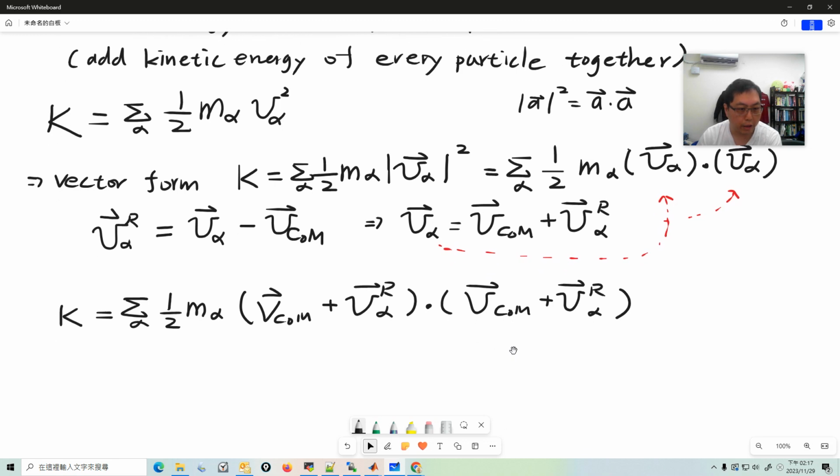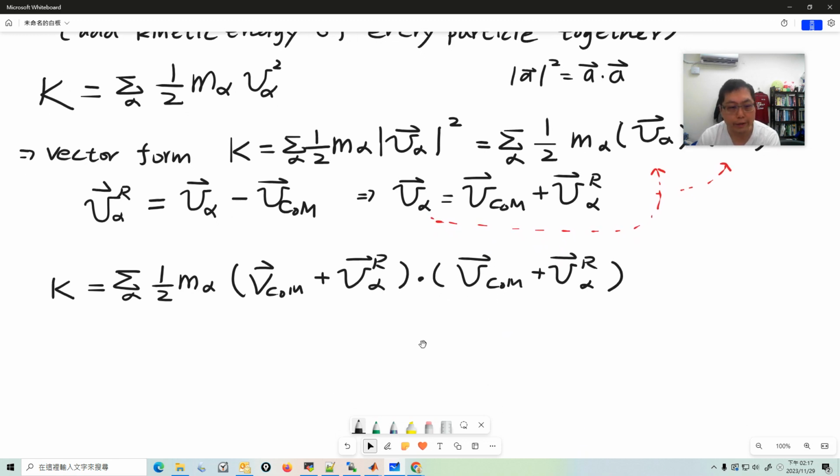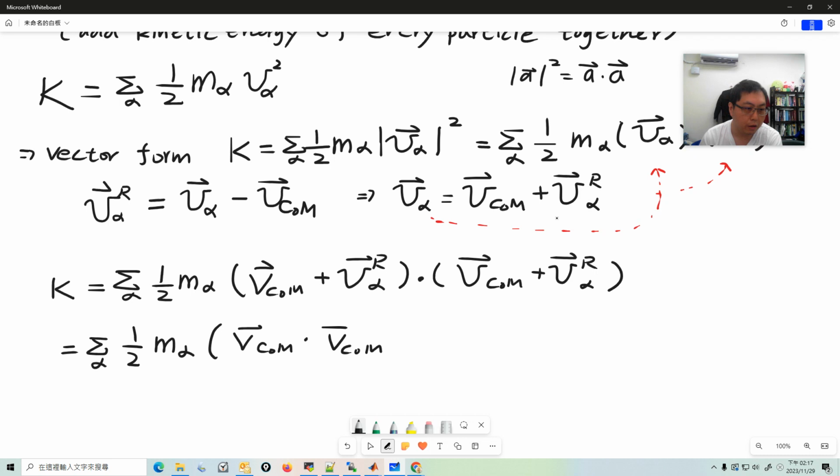Then we just do the dot product, which is not that difficult. The first term is V COM dot V COM. Then we have the cross term, V COM dot the relative velocity, and the two cross terms are the same, so I just write it once.